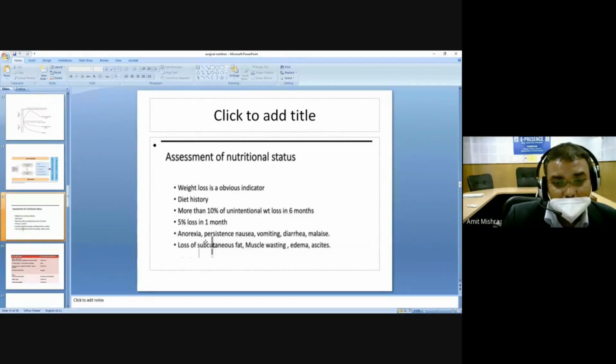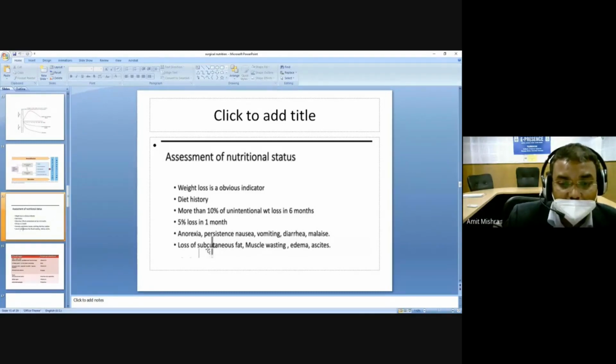Then anorexia, persistent nausea, vomiting, diarrhea, as we discussed in the previous slide. These ultimately decrease the nutritional condition of the patient, along with malaise.